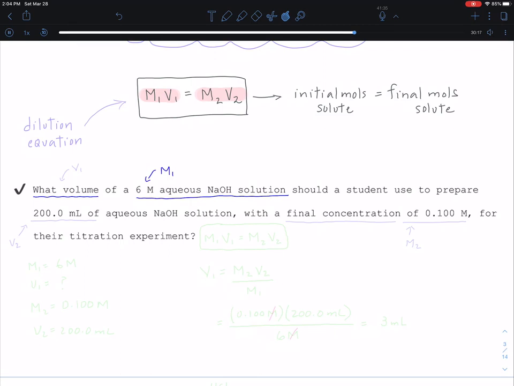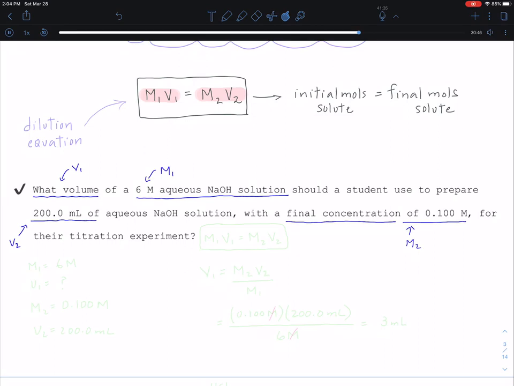So essentially, they're asking you to calculate how much of this stock solution you have to use to make 200 milliliters of a final solution with a concentration of 0.100 molar. So this is going to be your final concentration.